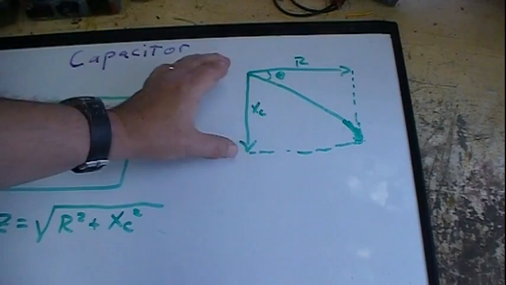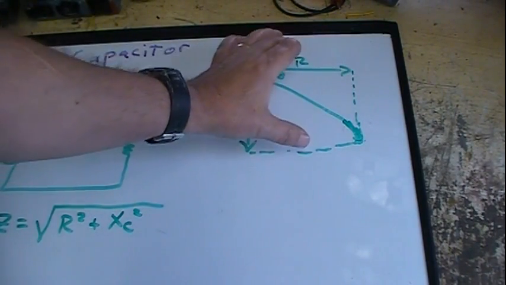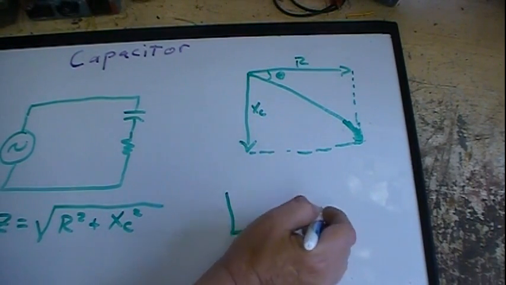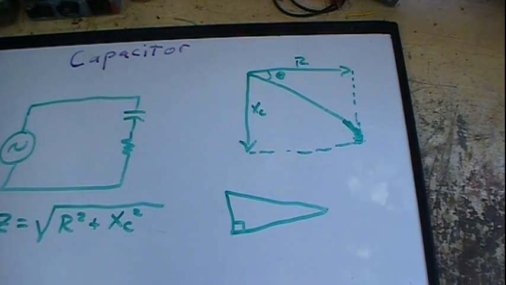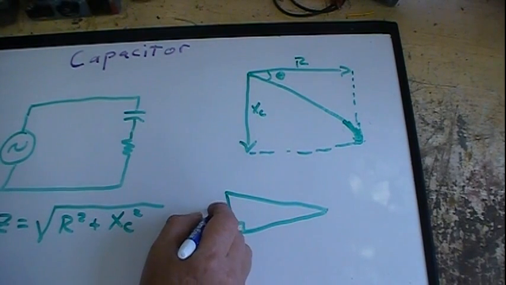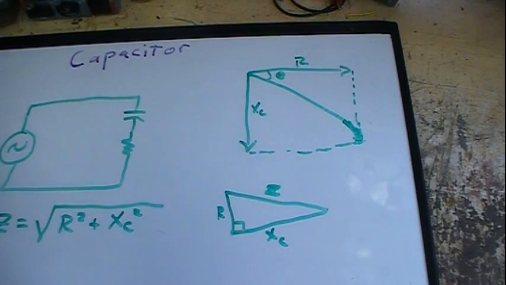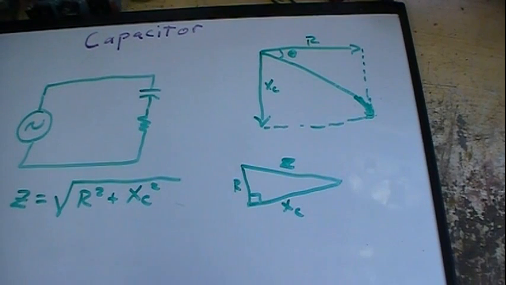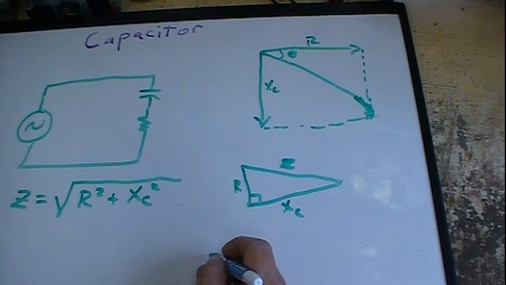But this line represents this, or this line represents this, they're both parallel, same length. That's nothing more than really a right triangle. With one side being, say, R, the other side being X sub C, and this being impedance. So basically, it is your standard A squared plus B squared equals C squared triangle, or Pythagoras theorem.